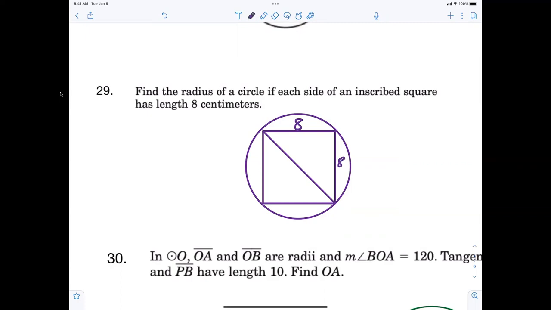So what's the diameter? 8 radical 2. And they're interested in the what? Radius. So the radius would be what? 4 radical 2 centimeters. All right, hopefully this is making sense.